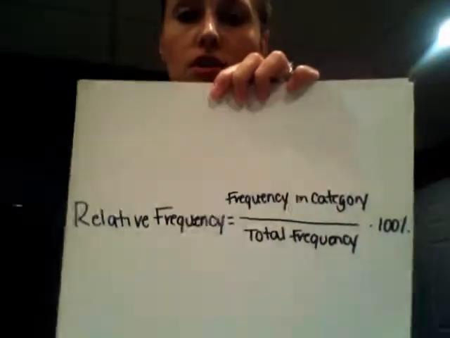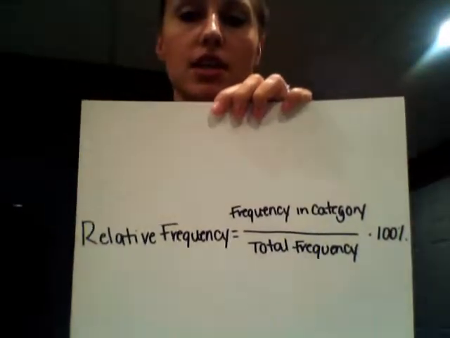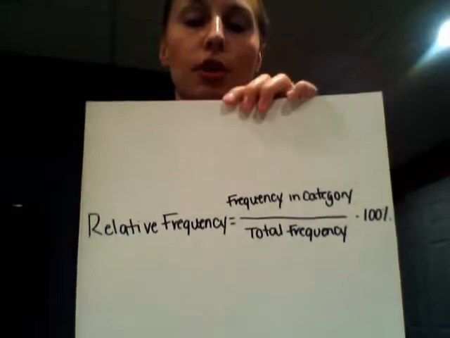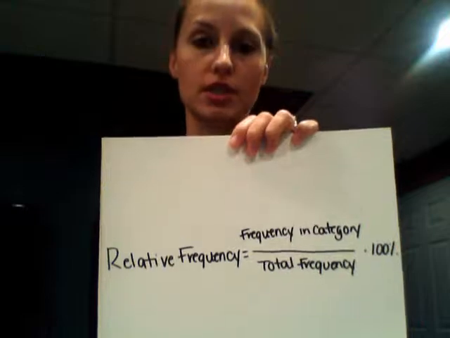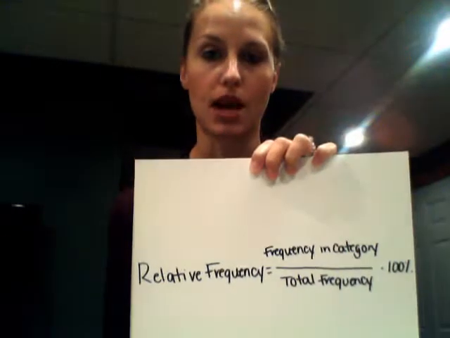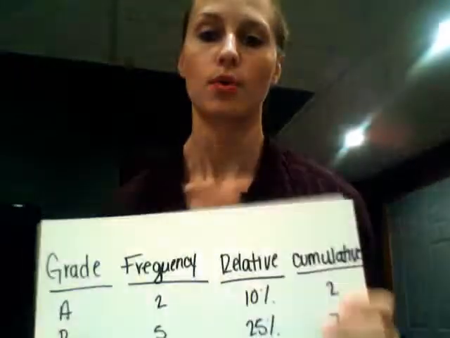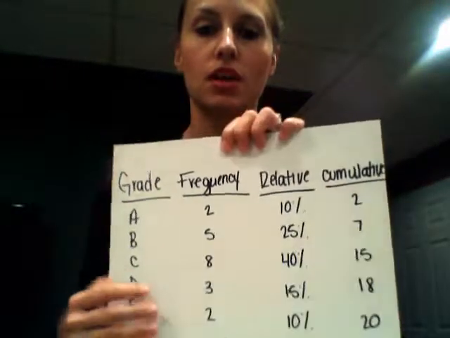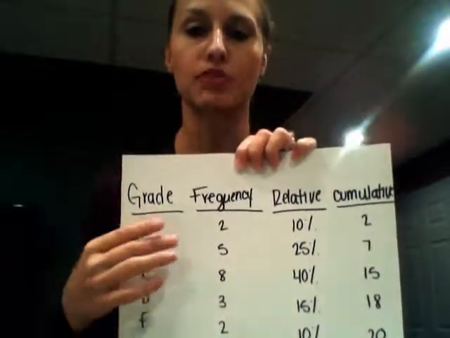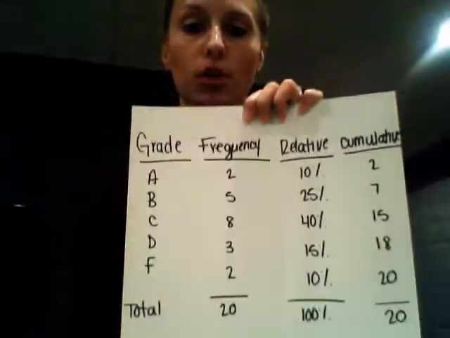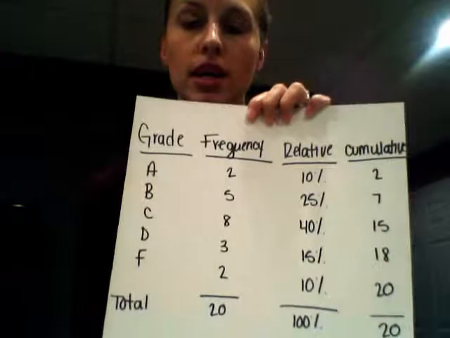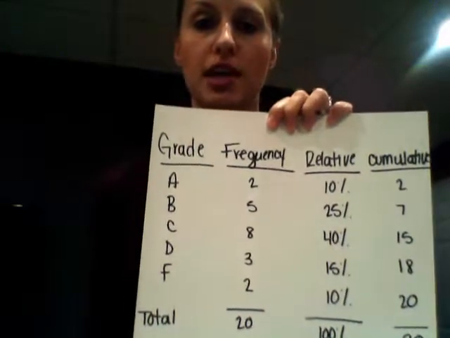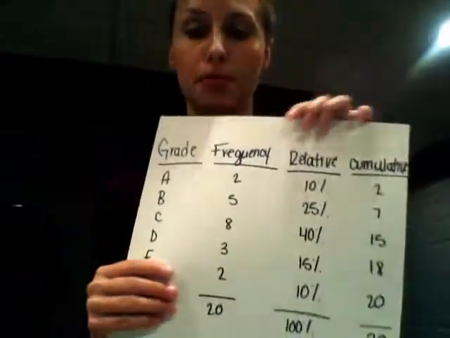use this. So relative frequency is frequency in that specific category divided by the total frequency, then multiplied by 100%. So for example, we'll do A, the frequency is 2, the total is 20. We're going to take 2 divided by 20 and multiply that by 100%, and that's going to give us 10%.